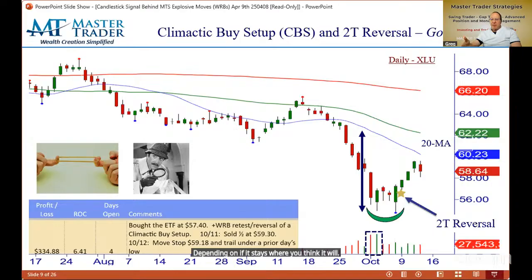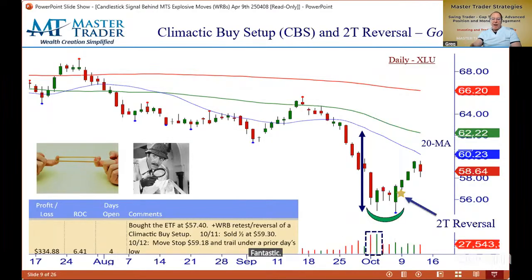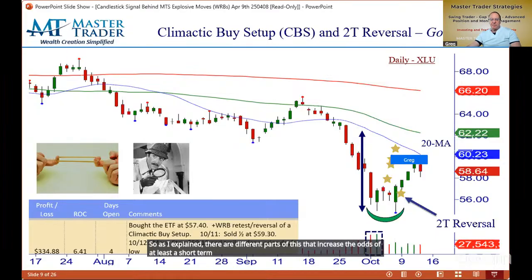The probability of this going back down under the low with this kind of picture is extremely small. So if we can find premium that's going to expire in a relatively short amount of time, fantastic. If we want to buy this, it's buyable as well. So as I explained, there are different parts of this that increase the odds of at least a short-term retracement.